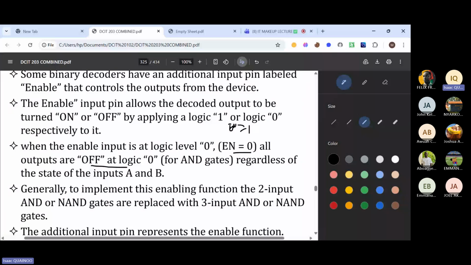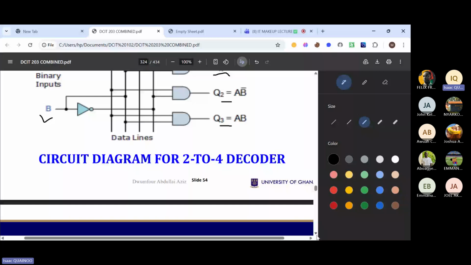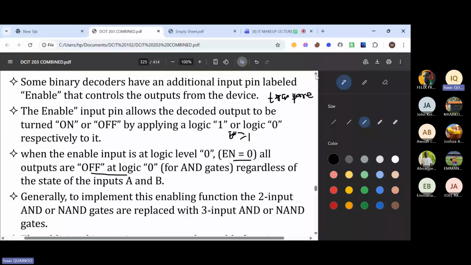Okay, so we are going to look at some terminologies. We have something we call a transparent circuit. A transparent circuit is any circuit that is capable of returning an output immediately an input is fed to it.